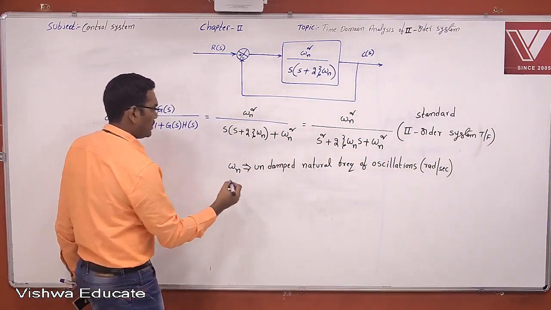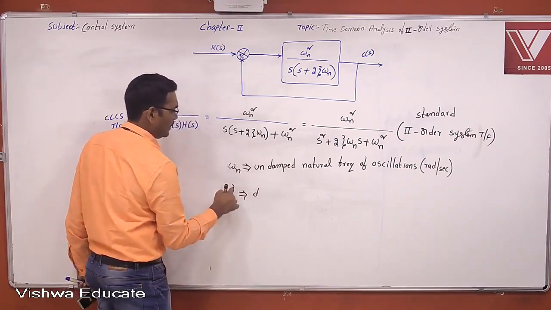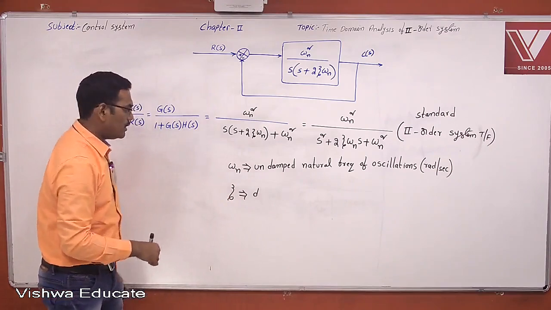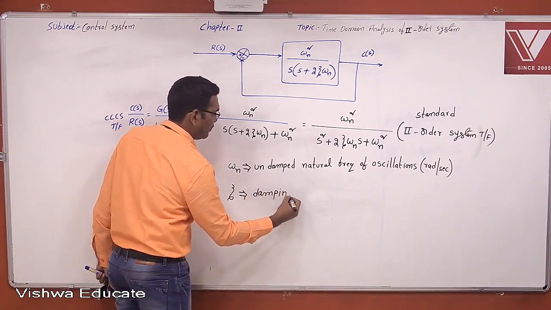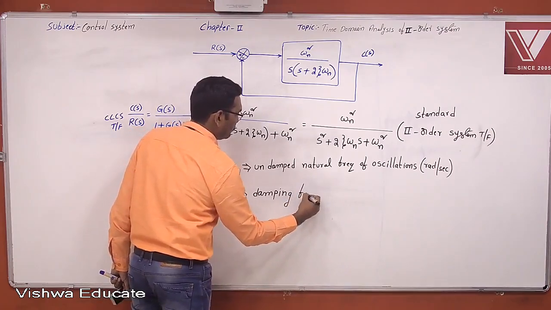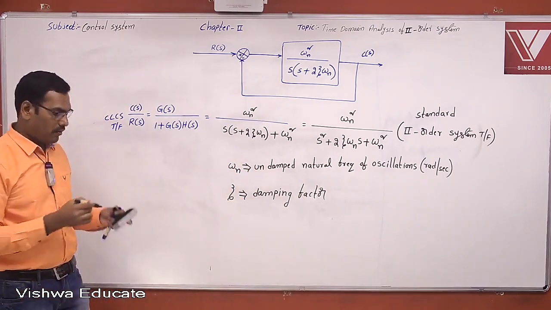Units are radians per second, where zeta is, this is zeta, okay, not eta, zeta. This zeta is nothing but the damping factor.